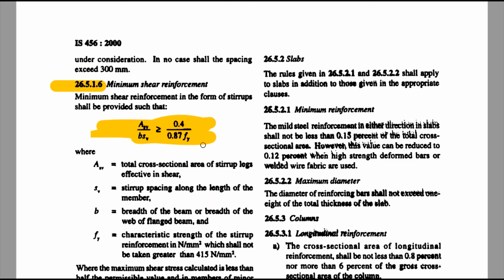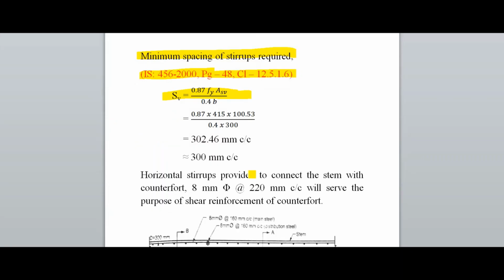By this equation we can find the minimum spacing required. Just remember the page numbers and clause numbers, and you can easily find the equation and write down the value. So 0.87 times 415 times Asv 100 by 53.4, so it's 300 mm center to center.